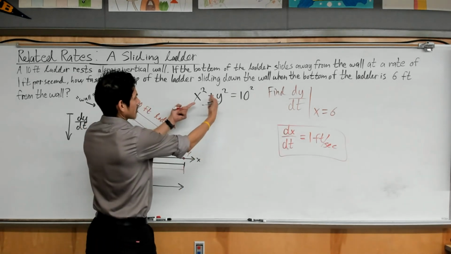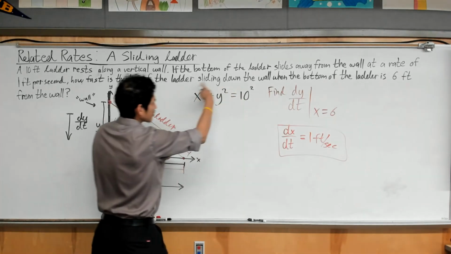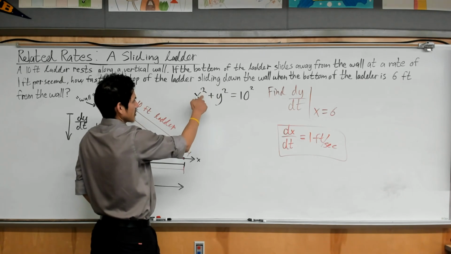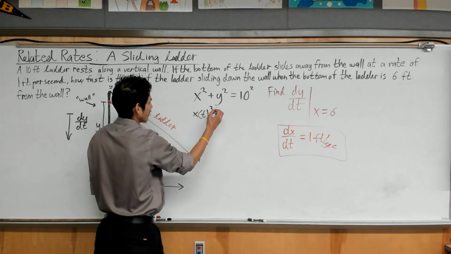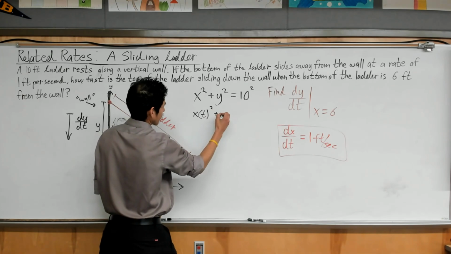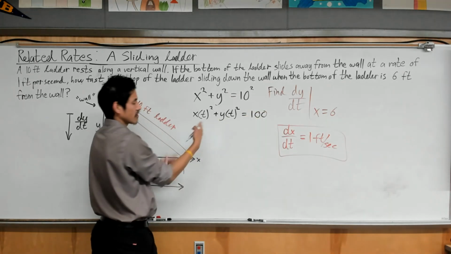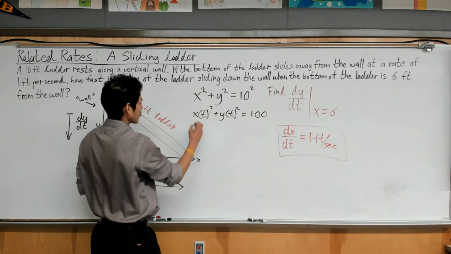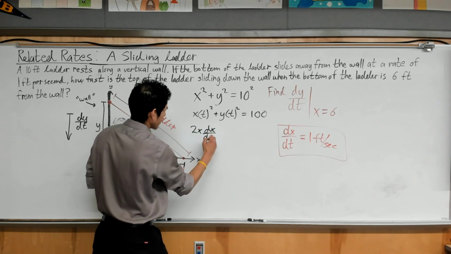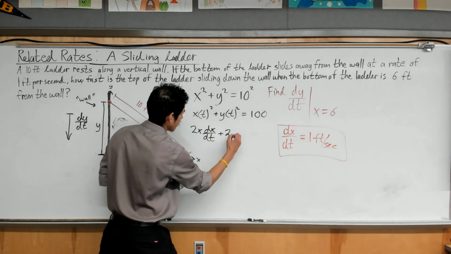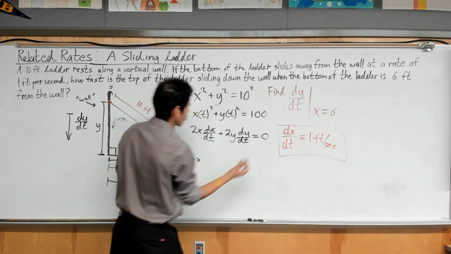Now, what we want to do is use this equation to find these values. Let's find dy/dt by differentiating, because remember, x and y are technically functions of t. You can look at this as x of t squared plus y of t squared equals 100, if you want to understand it more clearly. Using the chain rule, differentiating this will be 2x dx/dt plus 2y dy/dt equals 0.